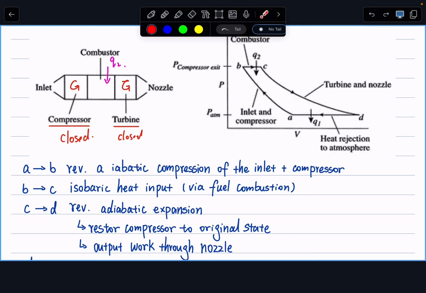And then after absorption of the heat, it will do work on the surroundings. There are two parts of the work. The first part will be used to restore the compressor to its original state. Let's call it work compressor. And part of the work will go out from the nozzle to do work on the surroundings. That's our work output.